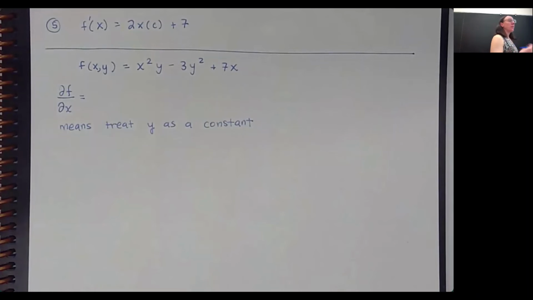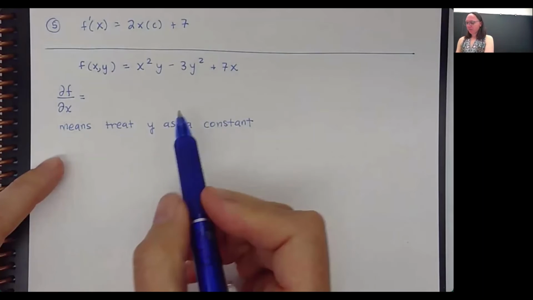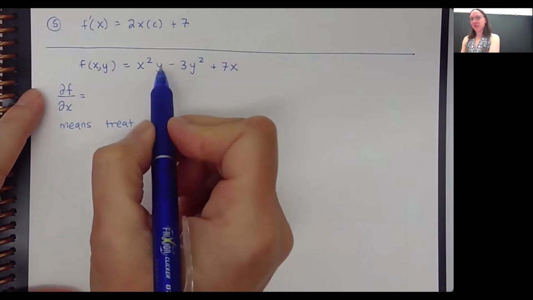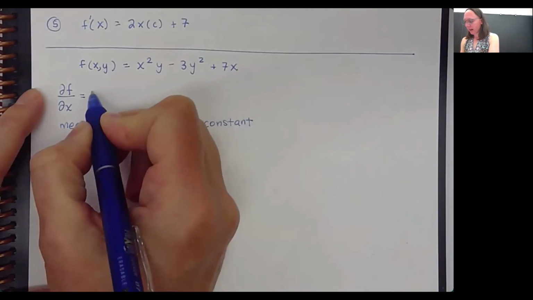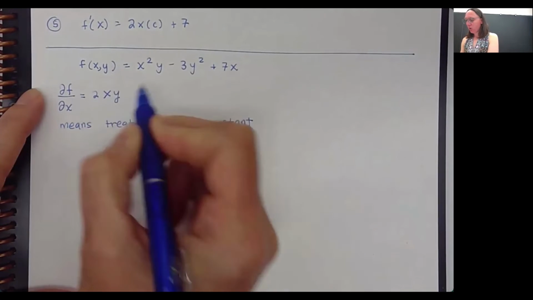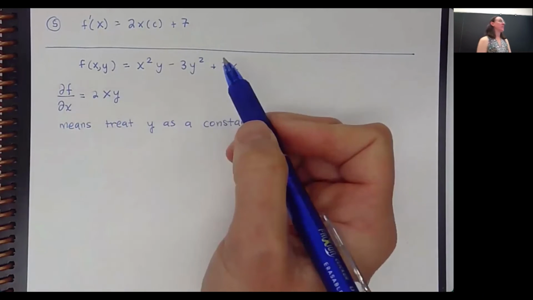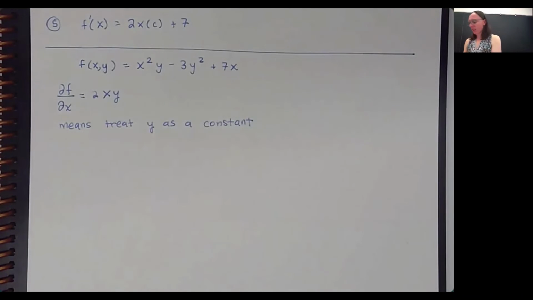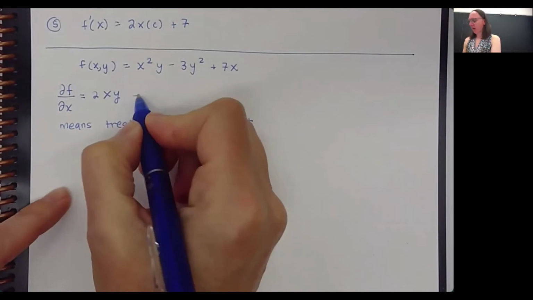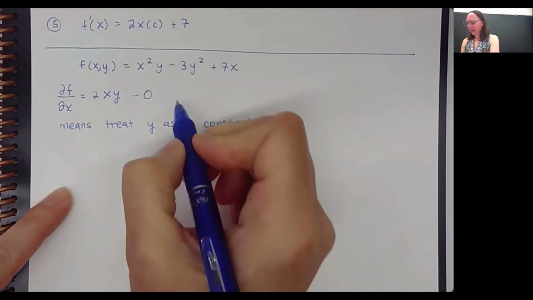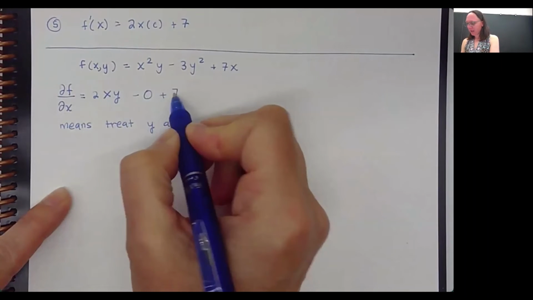We don't always know what that fixed value of the constant is, so generically, we're just going to do it for any fixed constant. So when I take this derivative, I have to drag that y along with me, and I've got 2xy. When you take the derivative of negative 3y squared, remembering that y is a constant, that's going to be 0. My derivative of 7x is going to be 7.